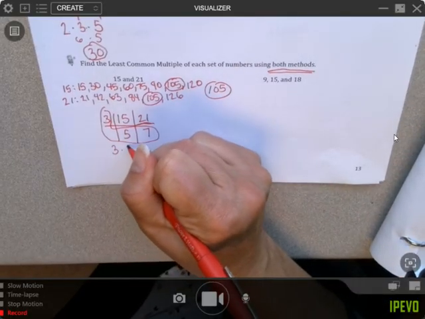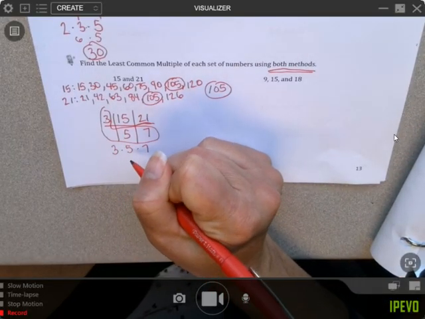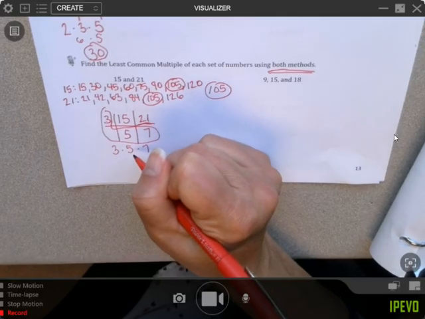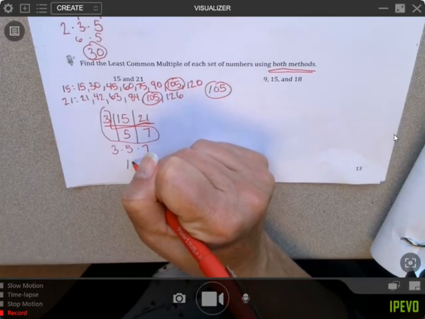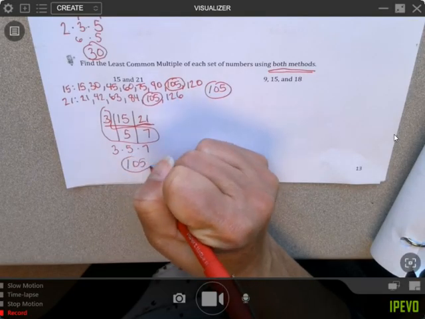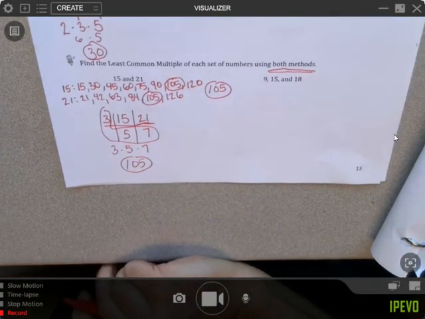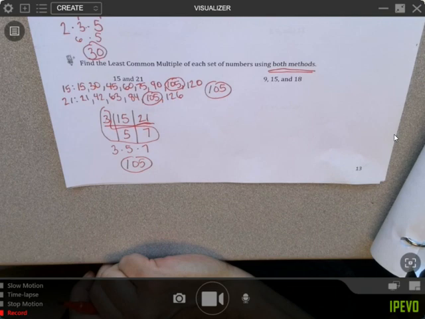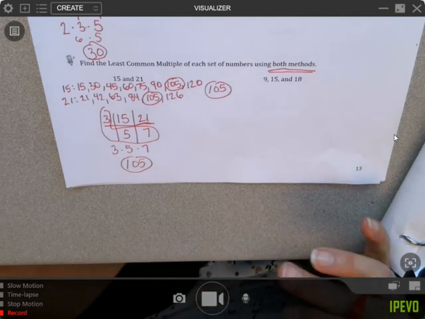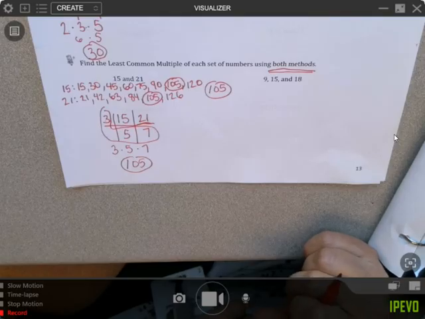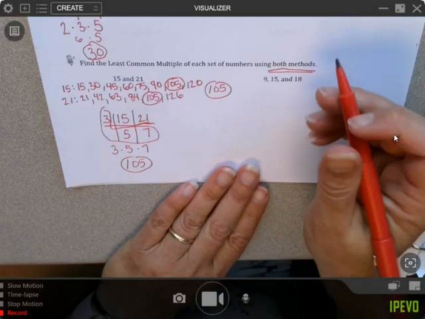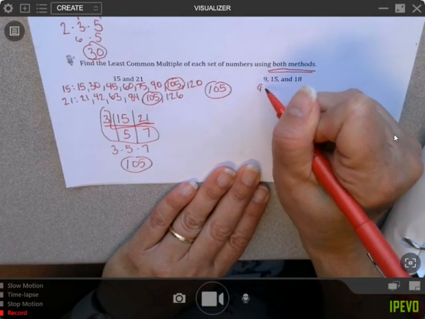So I've got 3, 5, and 7. 3 times 5 is 15. 15 times 7 is, look at that, 105. Doing it with 3 numbers is a little bit different. So we have our listing method.